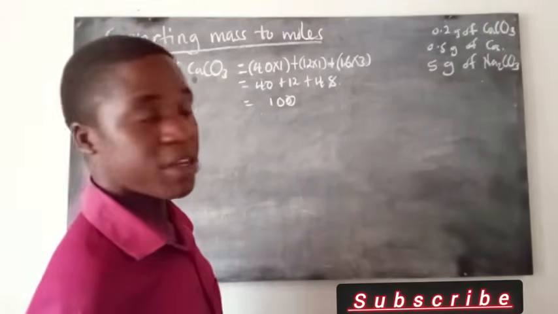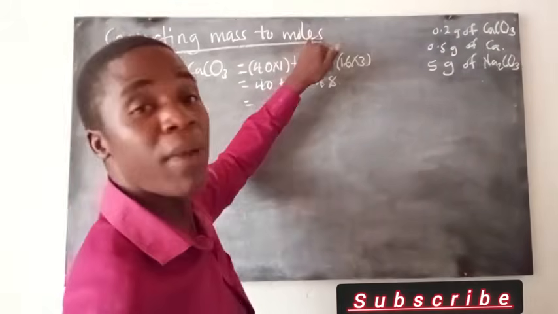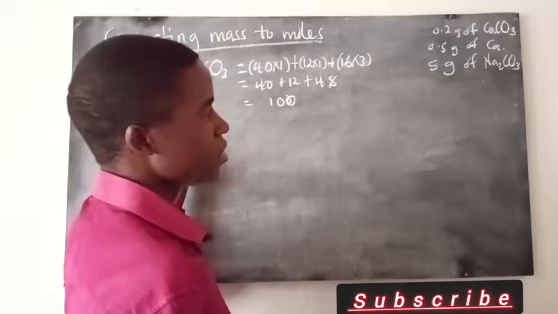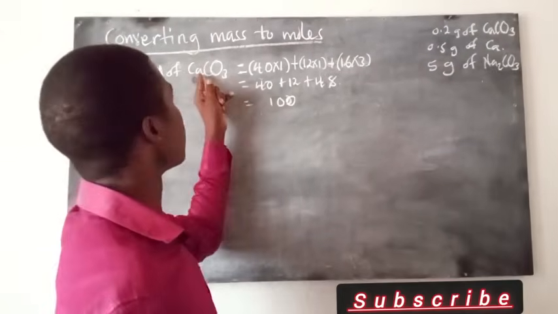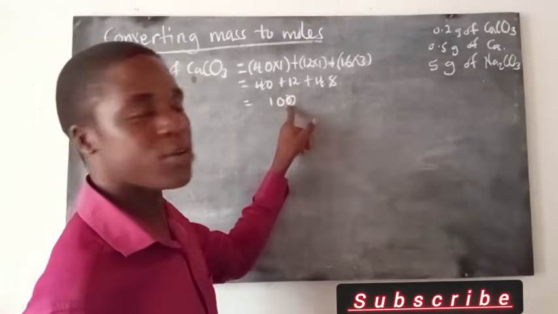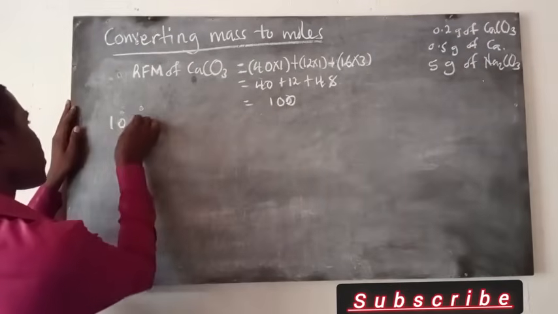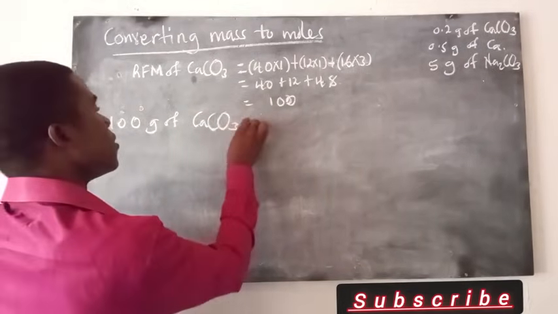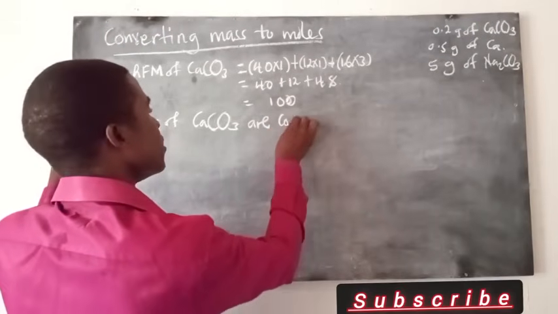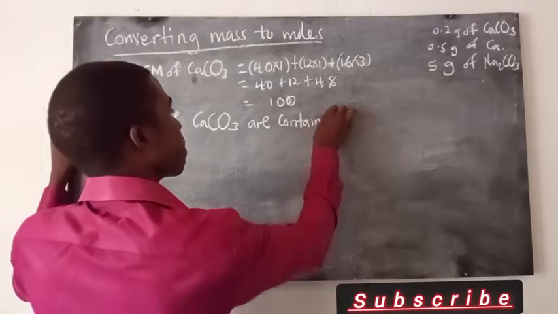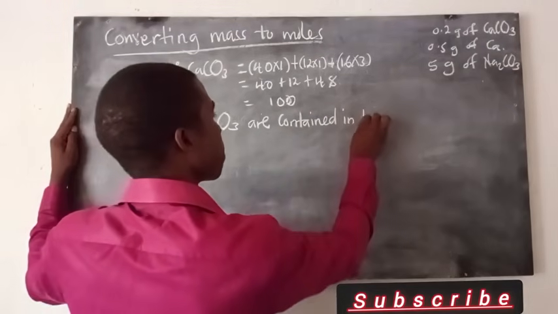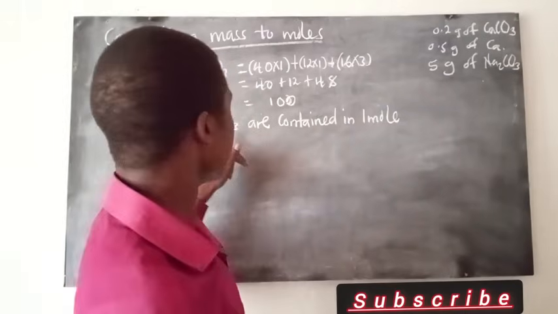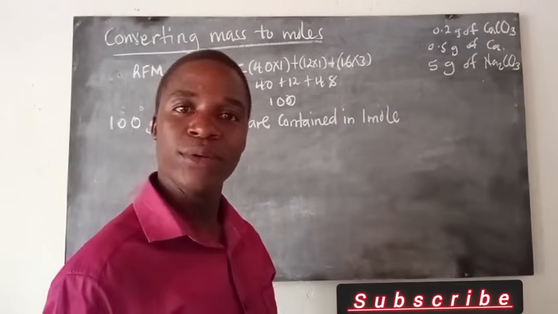We are looking for the number of moles, meaning we have been given the mass. Instead of saying 1 mole of calcium carbonate weighs 100, we say 100 grams of calcium carbonate are contained in 1 mole.